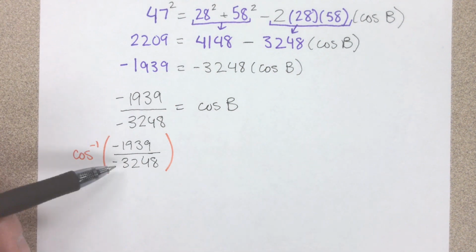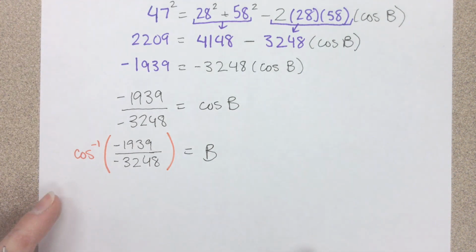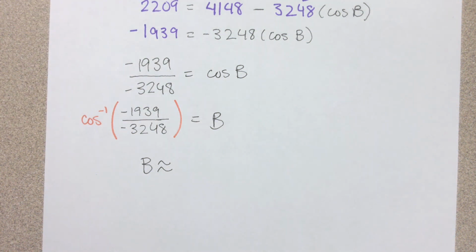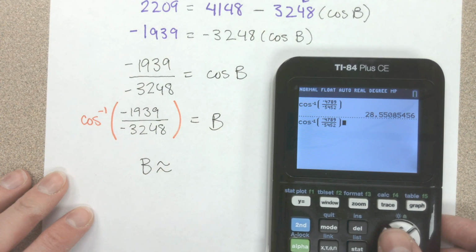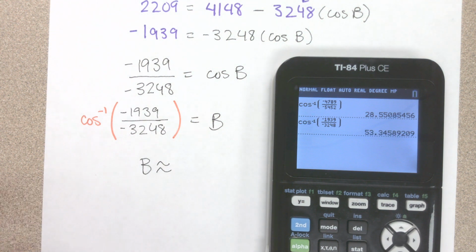Of course, if you want to cancel out those negatives so you don't have to type them in, that's fine. I just haven't worried about it. That gives 53.3 degrees.